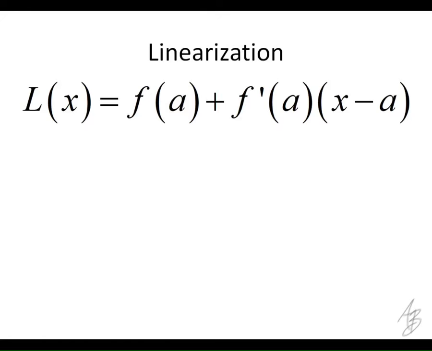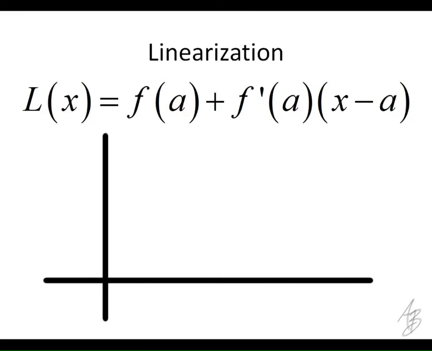And let me just draw a picture of what's going on here. So let's say we have a function that's a curve, and we want to approximate this function in some region.